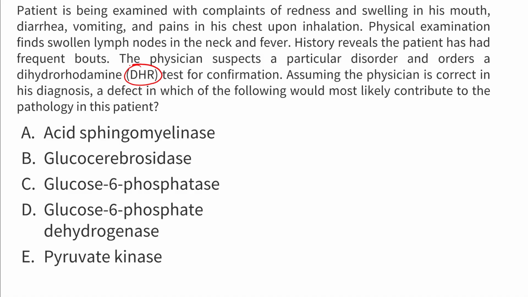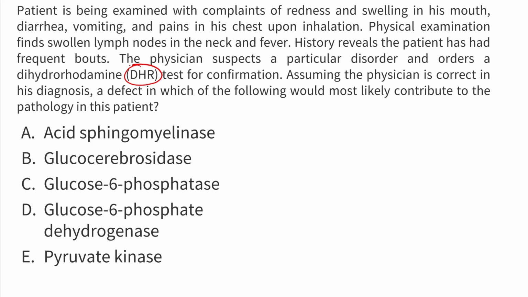So what is the condition that you are looking for in the stem? Chronic granulomatous disorder. I told you, whenever you come across DHR, dihydrorhodamine, or NBT, nitroblue tetrazolium, think about CGD, chronic granulomatous disorder, and then think about NADPH oxidase, NADPH, respiratory burst, pentose phosphate pathway, G6PD deficiency.